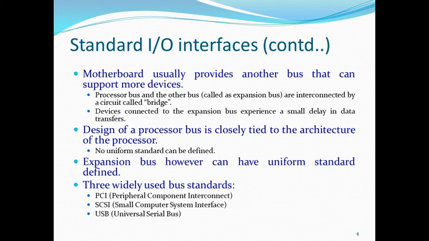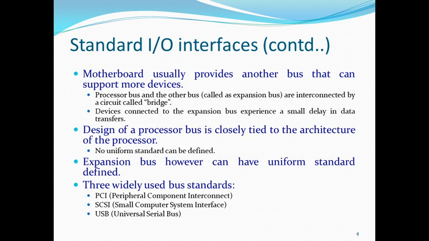So it is not possible to define a uniform standard for the processor bus, and the structure of this bus is closely tied to the architecture of the processor, and it is also dependent on the electrical characteristics of the processor chip, such as its clock speed.